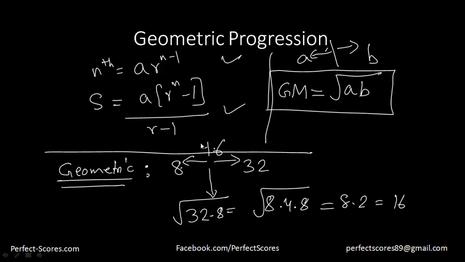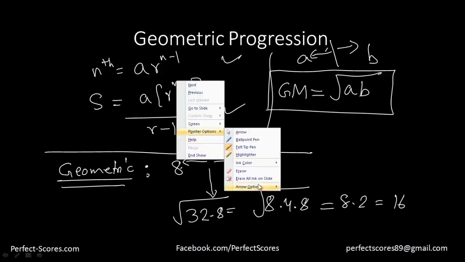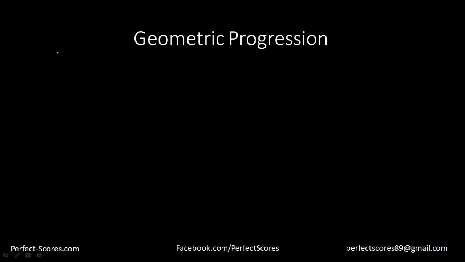Now let's talk about the sum of terms till an infinite number of terms. Let's suppose you have a geometric progression where the first term is 1 by 2, the second term is 1 by 4, the third term is 1 by 8, the fourth term is 1 by 16, and so on till an infinite number of terms.